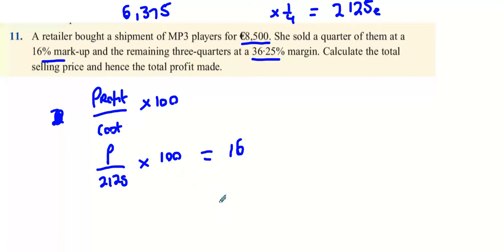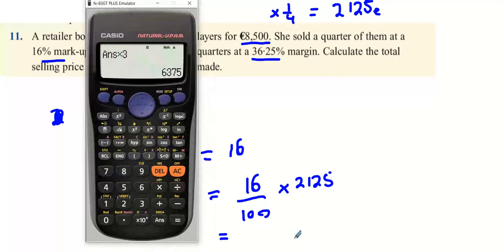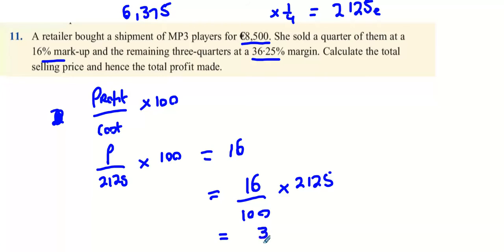So 100 is multiplication on the left, which makes a division on the right. 2,125 is division on the left, which makes it multiplication on the right. So what's 16% of 2,125? 340. So the profit is €340.